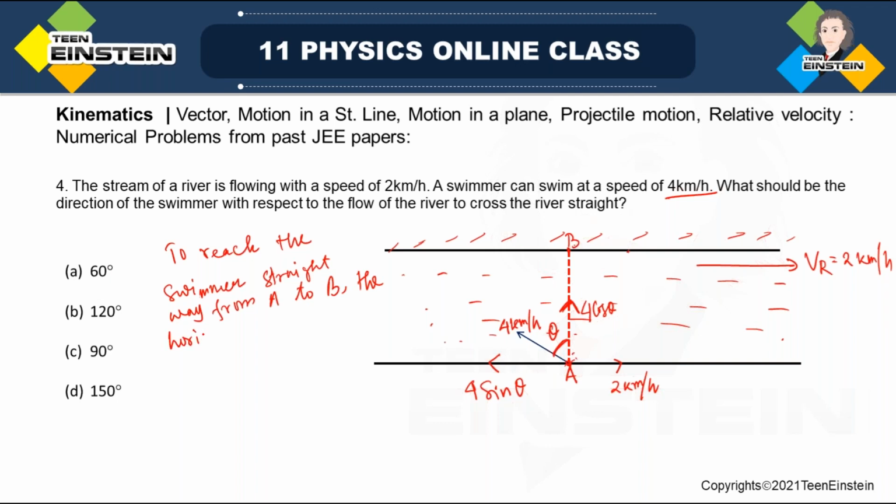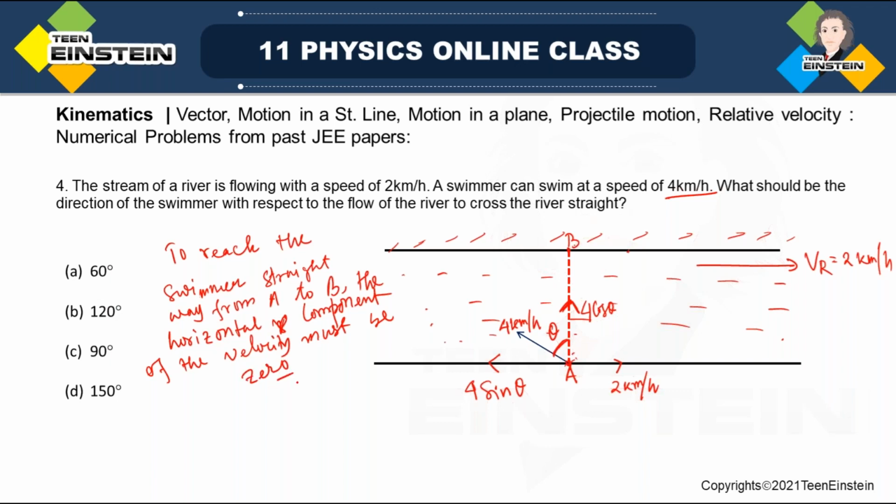There should not be any relative velocity, where the horizontal component of the velocity must be 0.